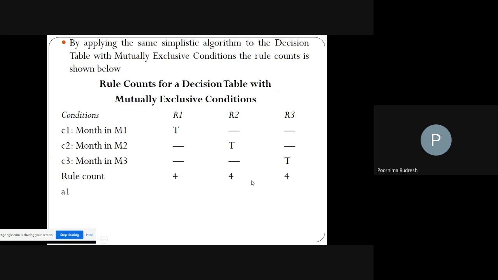Normally the rule count is calculated by considering the number of don't care conditions, represented in terms of powers of 2. For rule 1, how many don't care conditions are there? Two don't care conditions, which we represent as 2 power 2, equal to 4. Similarly, for R2 it is 4 and R3 also 4. Rule count is 4, 4, 4.